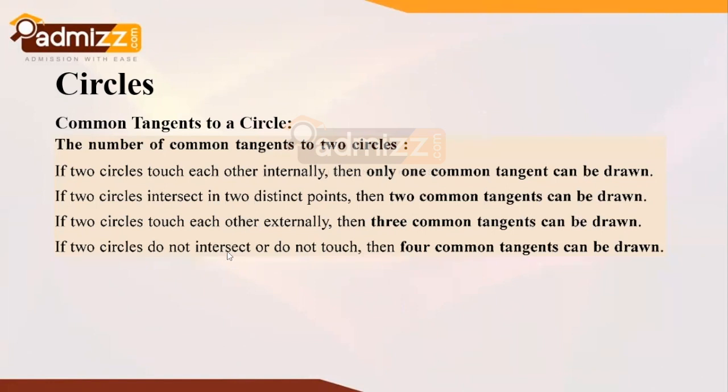And if two circles do not intersect or do not touch each other, then four tangents can be drawn. These are the common fundamentals which we need to look at when we come to know that the circles are touching each other, whether externally or internally, and how many tangents can be common to them. So for that we need to remember these fundamentals.